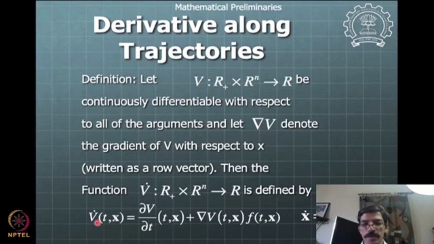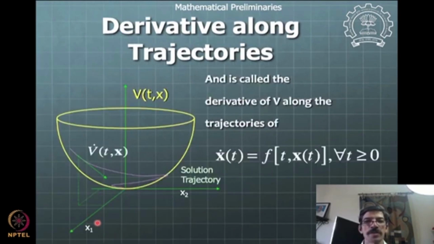Let me explain this concept a little more in detail. If you have this V of x, let's consider a two state system, where x1 and x2 are the only two states. We have defined V to be a positive definite function. I'm considering a bowl-like nature for this V, and at any point on this V, I can define derivatives in many directions on this x space.